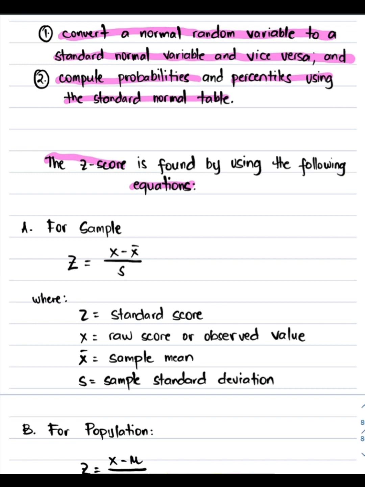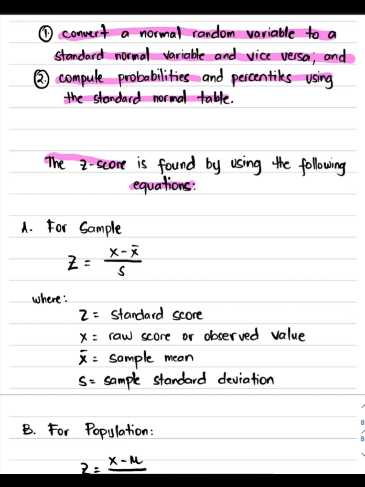A positive z-score, tandaan, indicates that the observed value is above the mean, pag positive yung z-score. Whereas a negative z-score indicates that the observed value is below the mean.